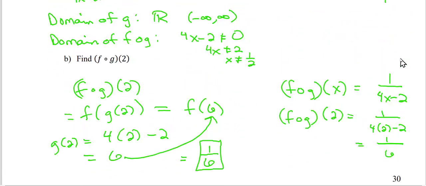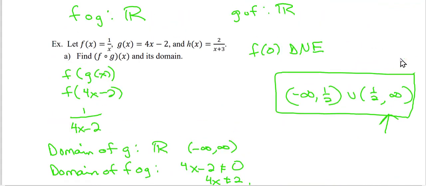Okay. One thing to note here, in F, x could not be 0, but that did not have to be excluded here, because if x equals 0, remember the first thing we do is plug it into G, and the result there gets plugged into F. So it's not a problem for x to be 0 here.